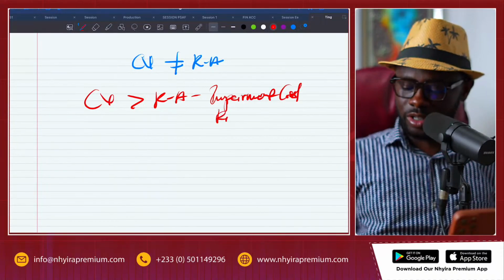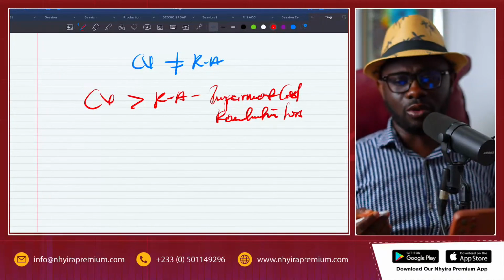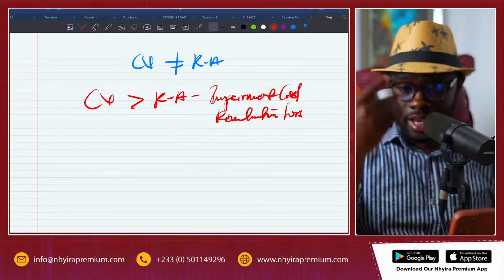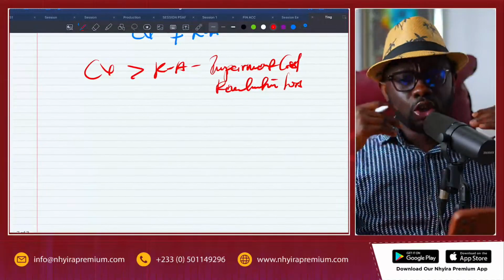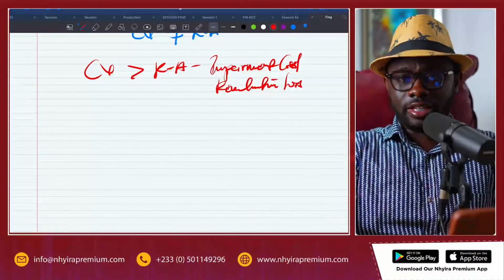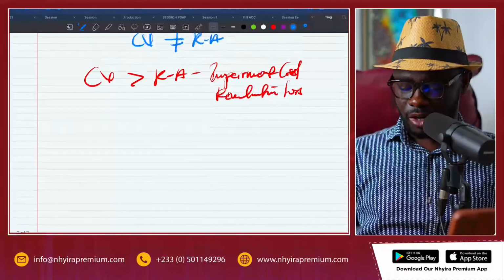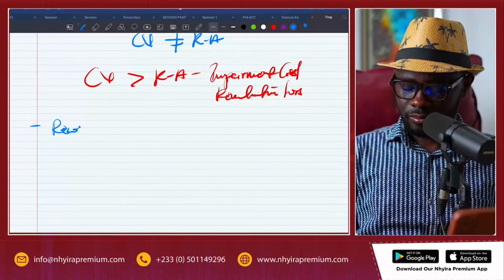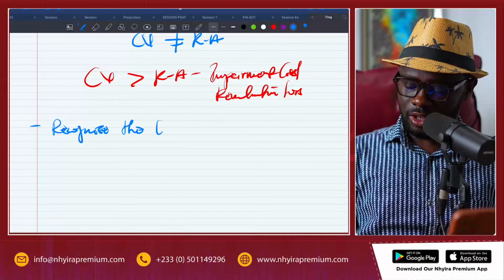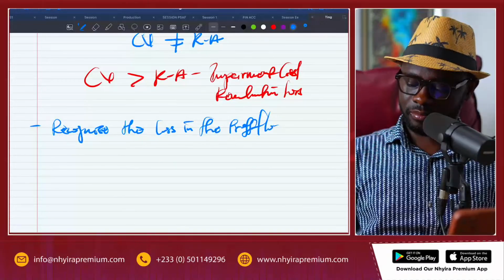For the first time we revalue assets like this, please note that the RA here is not recoverable amount, it's revalued amount. So the first time we revalue assets and we get an impairment loss or a revaluation loss like this, it's automatically recognized in the profit or loss account.